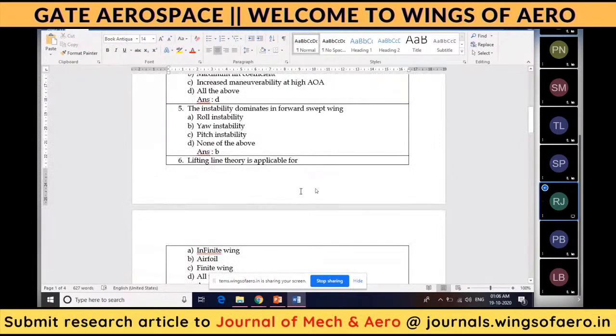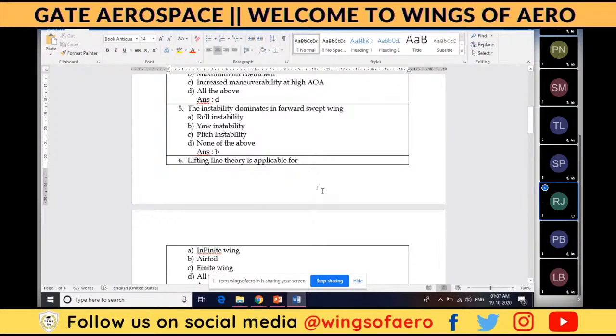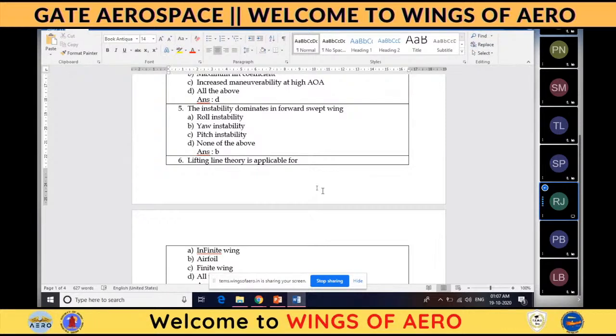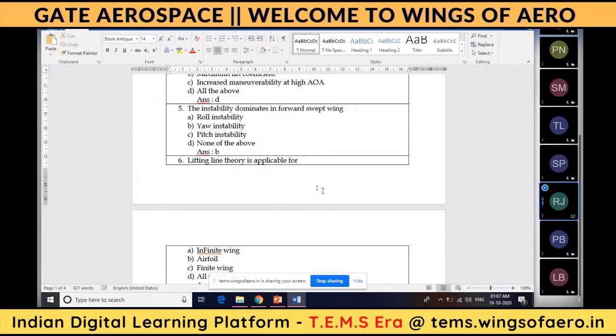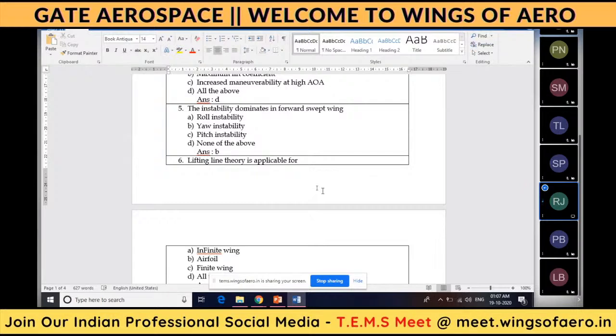Next question, lifting line theory. The lifting line theory is derived by Prandtl, and we know that it is applicable for a 3D wing. 3D wing means 3-dimensional wing, so a complete wing.